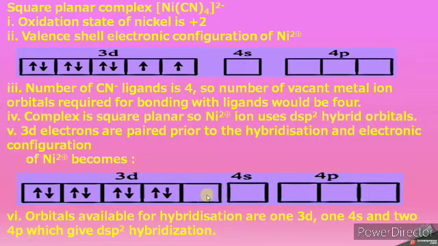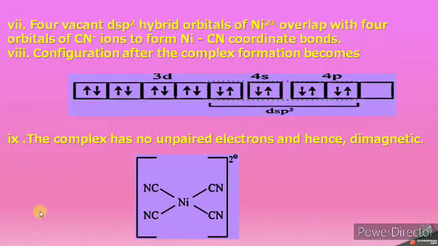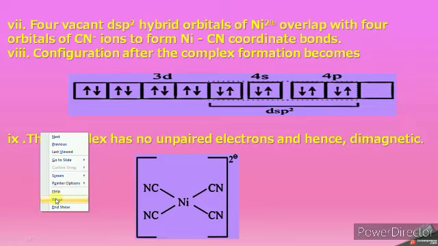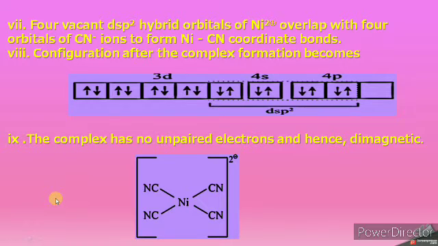So now 1d, 1s and 2p orbitals undergo dsp2 hybridization, and these 4 vacant dsp2 hybrid orbitals of nickel overlap with 4 orbitals of the cyanide ion, which is a ligand, to form 4 Ni-CN coordinate bonds.